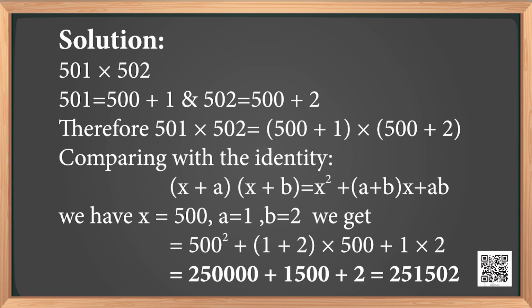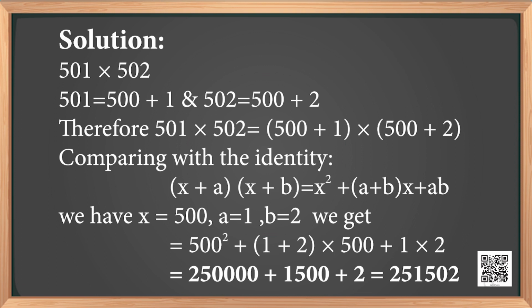By comparing with the identity (x + a)(x + b) = x² + (a + b)x + ab, we have x is equal to 500, a is equal to 1, b is equal to 2, and we substitute the values of x, a, b in the identity.